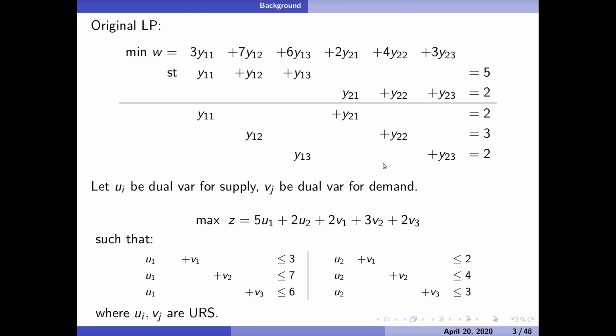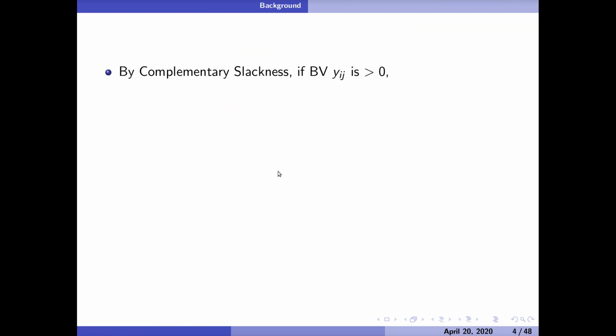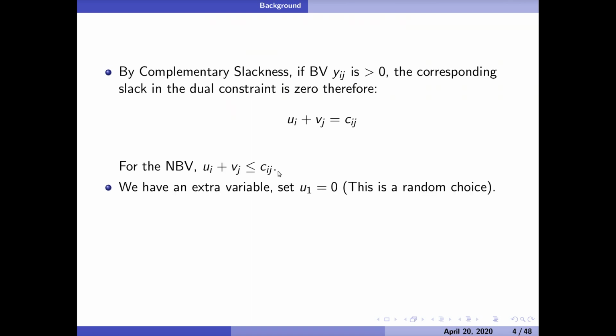The rank of the matrix is 4 in this case. It's m plus n minus 1. And so if we have 5 equations and our equations have a rank of 4, that means we have a free variable. And so what we're going to do with that free variable is take our first variable u1 and set it equal to 0, and that is a random choice. Okay, it's common to do that.